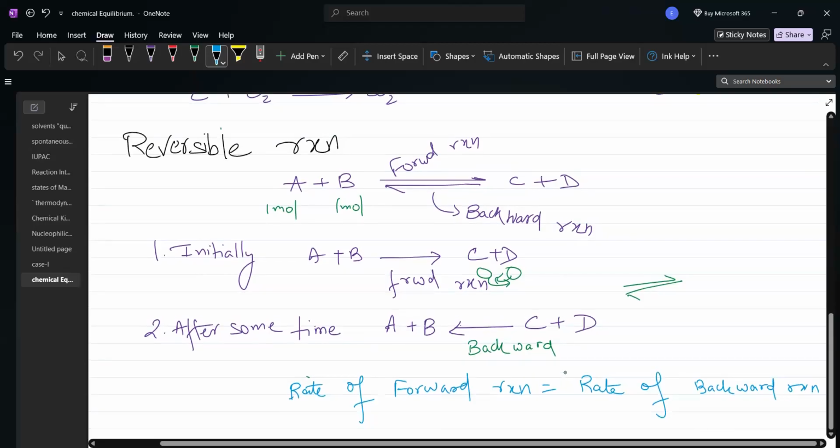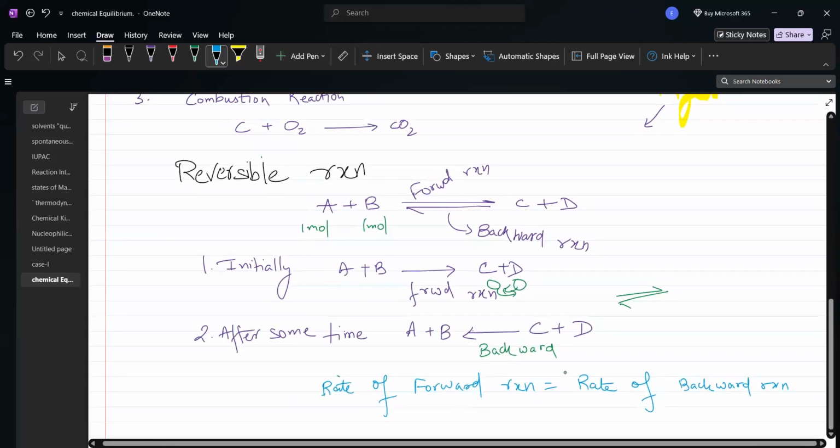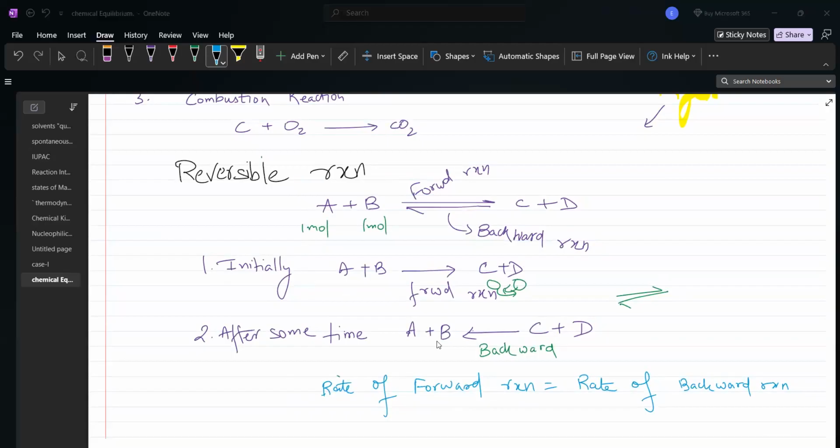So both are happening simultaneously. Got my point?